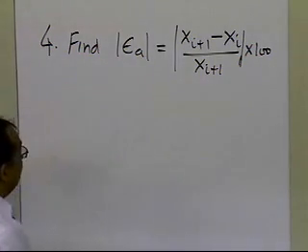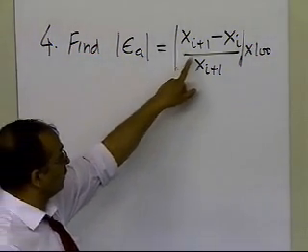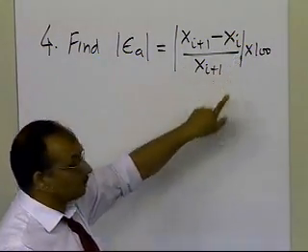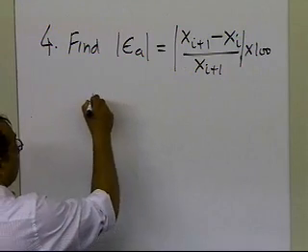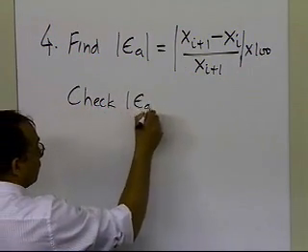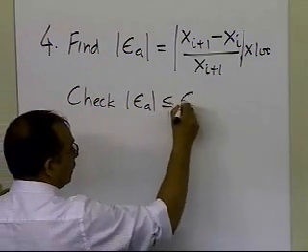Once I've calculated my absolute relative approximate error, which is the difference between the current approximation and the previous approximation, I'm going to check if epsilon a, the absolute relative error, is less than or equal to the pre-specified tolerance.